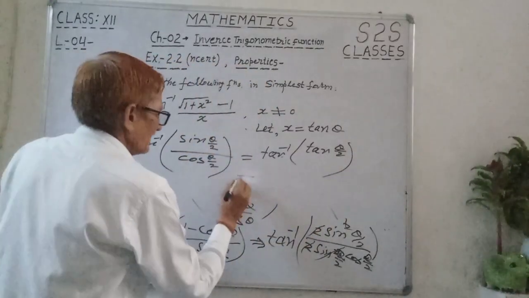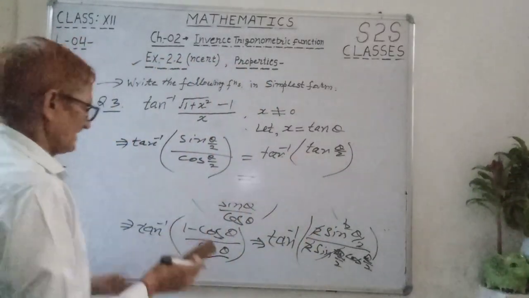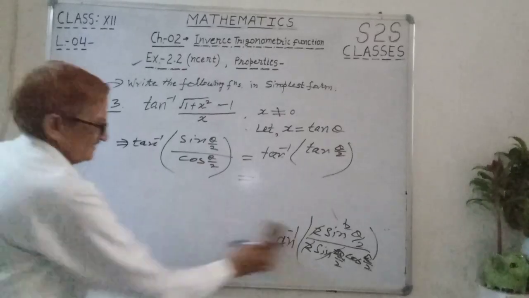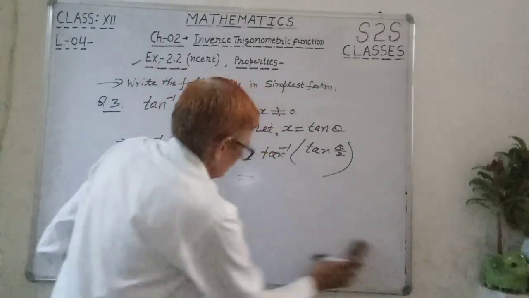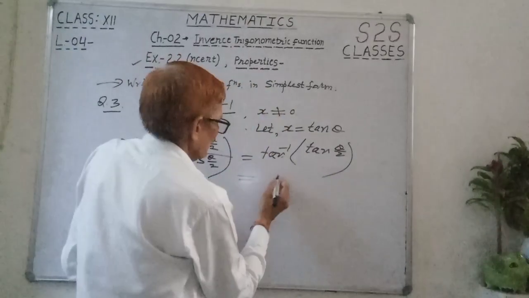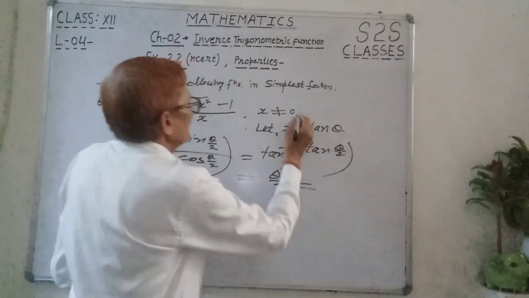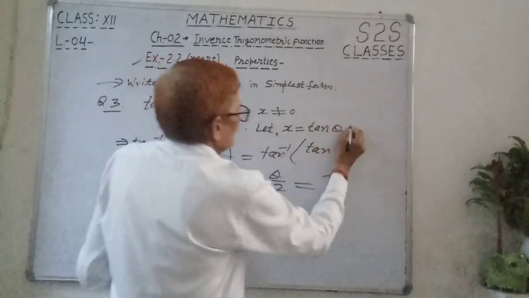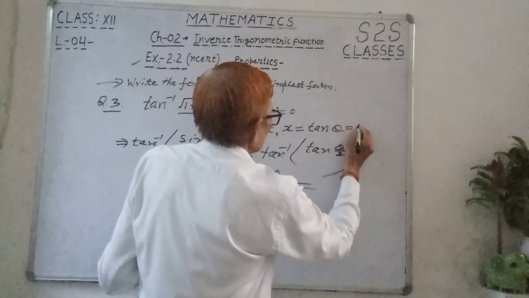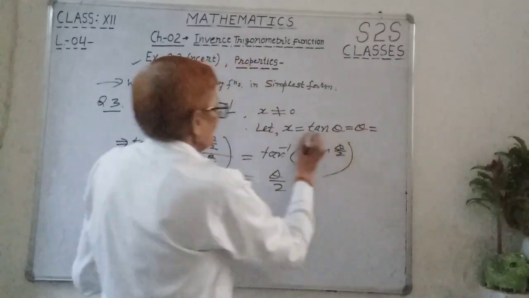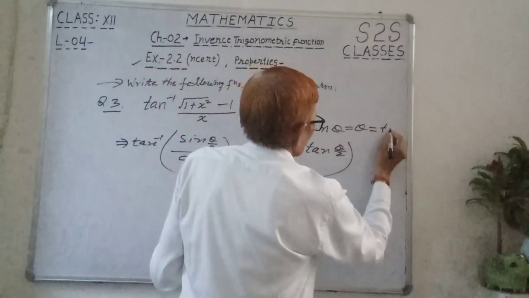Now it is the property again: tan inverse of tan x is equal to x, so it is equal to theta by 2. And from the original, what will theta be? Theta value will be tan inverse x.